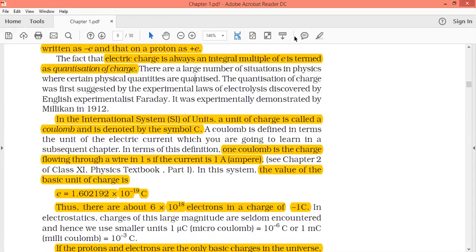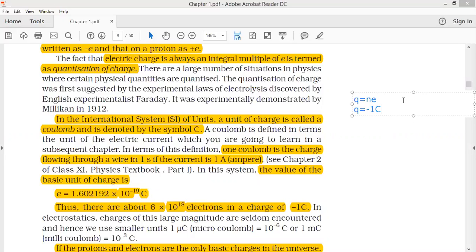We have discussed that Q is equal to n into e. Here they have given Q is equal to minus 1 coulomb.